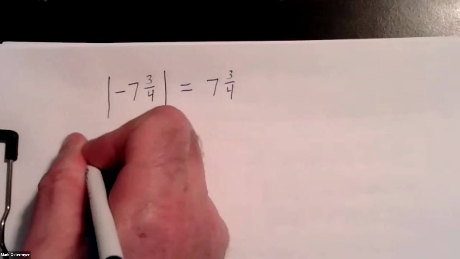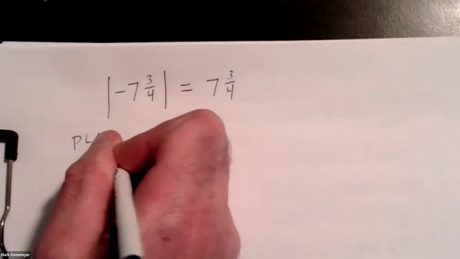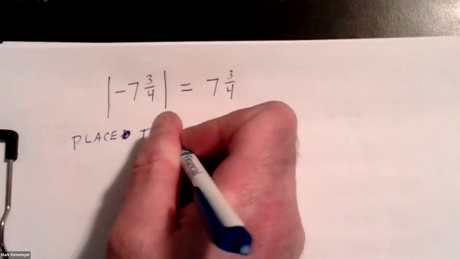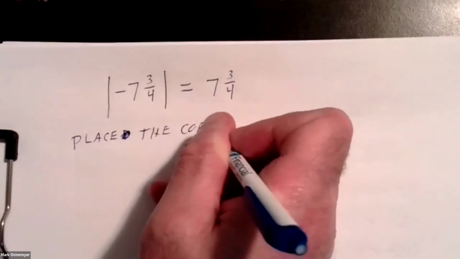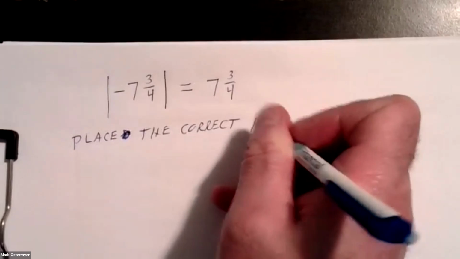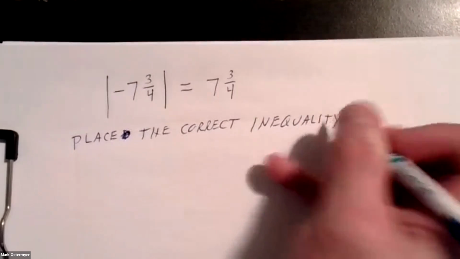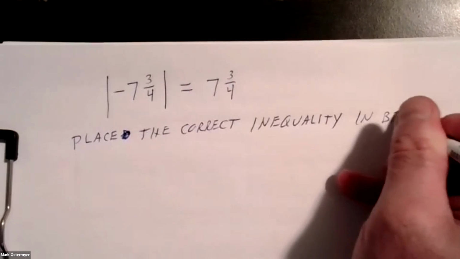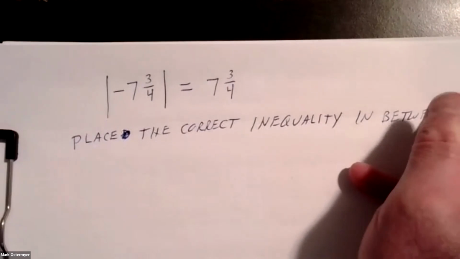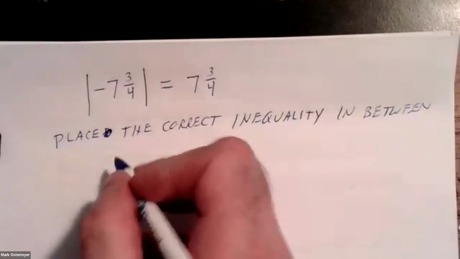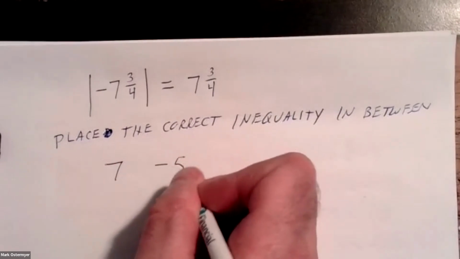All right. What I want you to do here, ladies and gentlemen, we're going to do this together as a class. Let's place the correct inequality in between these numbers here, 7 and negative 5.